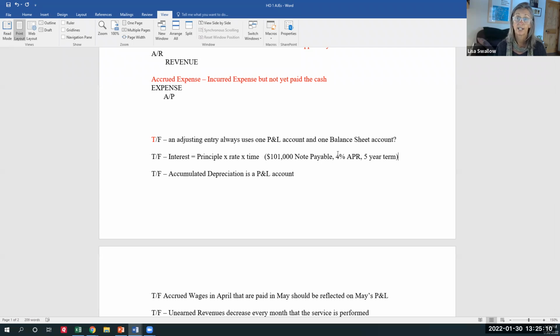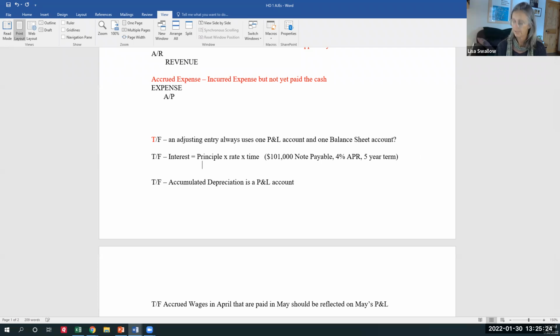And if I were to try and calculate how much interest has accrued for 3 months, the calculation is just what we said here: principal times rate, 4%, times time. And time is always something divided by 12, right? Because 12 months, and this is an annual percentage rate. And if I'm accruing interest for 3 months, my numerator is 3.